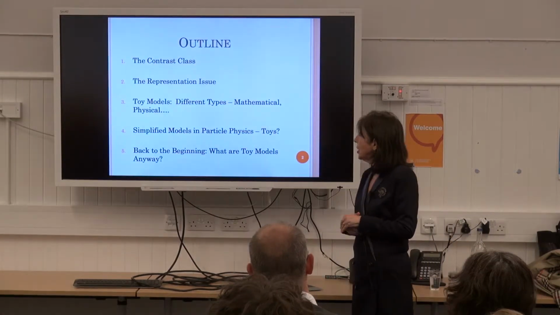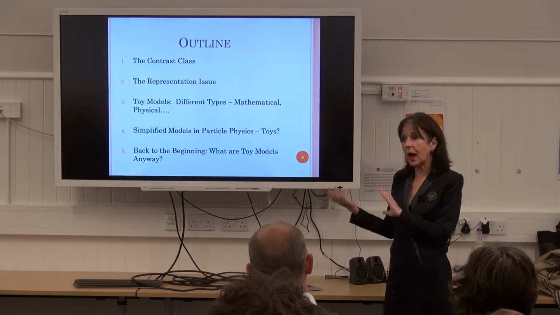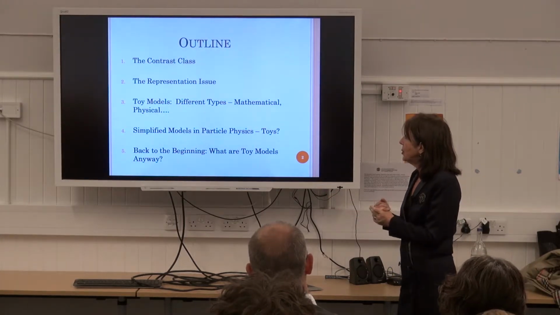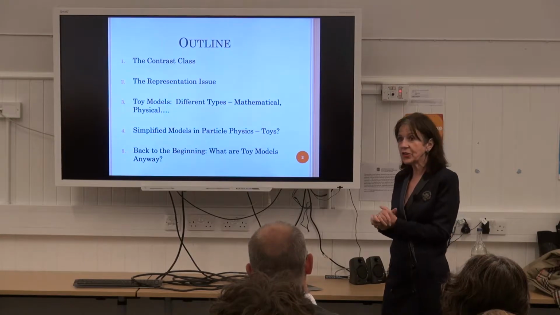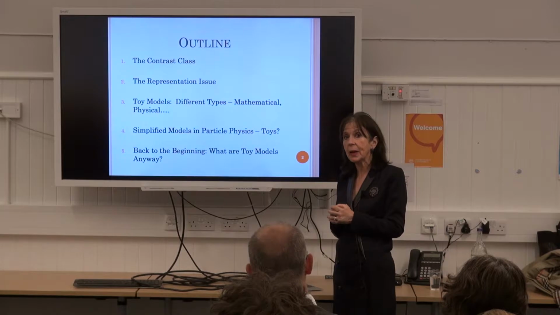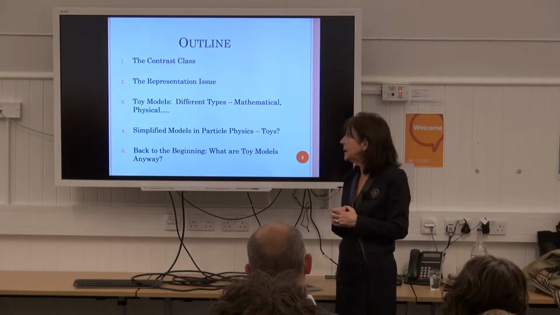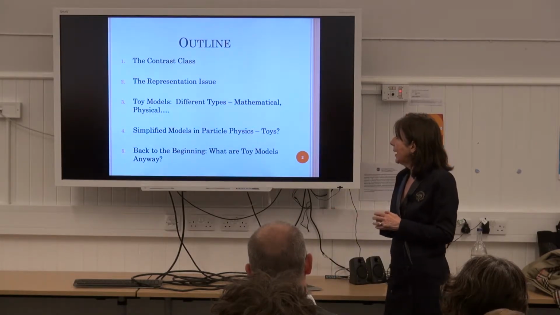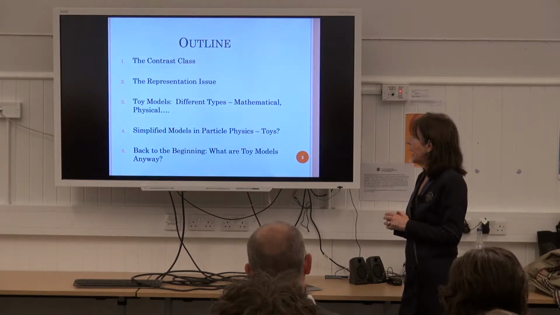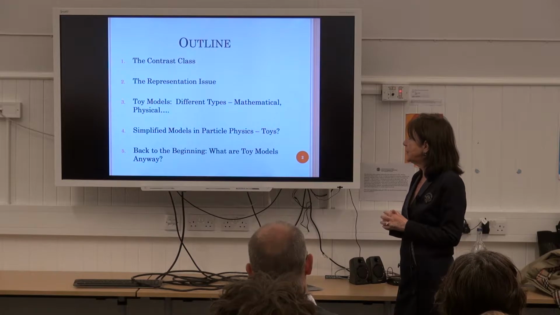Okay, so I'm going to talk first about the contrast class, other kinds of models. Then look at the representational issue, which seems to be one of the big sticking points about what constitutes a toy model. And then talk about a couple of different kinds of toy models, mathematical and physical.